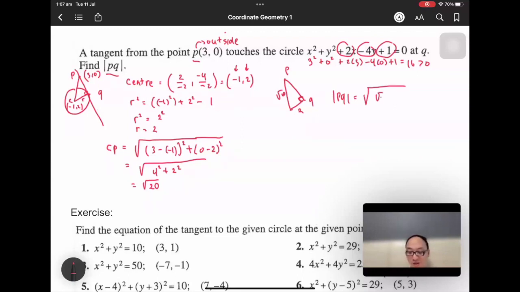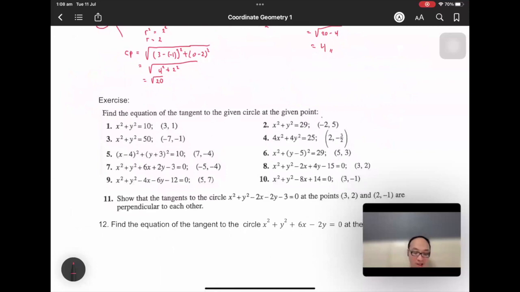So square root of 20 square minus 2 square equals to square root of 20 minus 4 equals to 4. So the length of PQ is equals to 4.